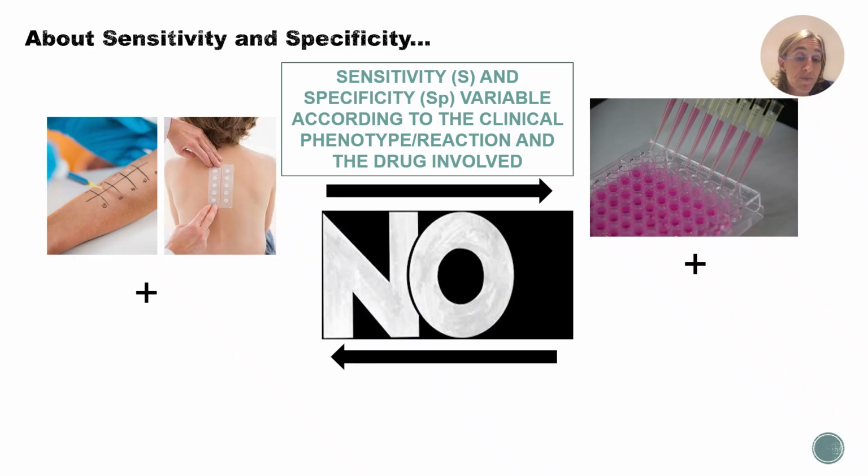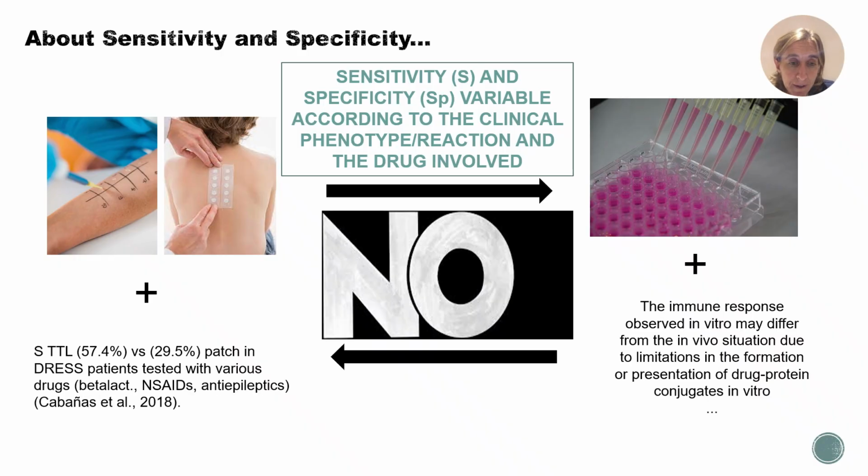For example, here you can see from Cabañas, who reported in 2018 that the sensitivity of the lymphocyte transformation test was almost up to 60 versus 30 in patch tests in patients tested with beta-lactams, NSAIDs, and some antiepileptics.